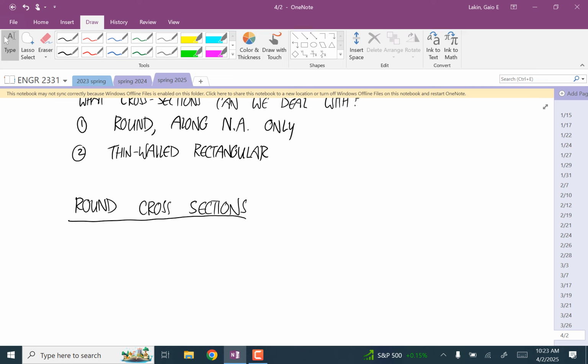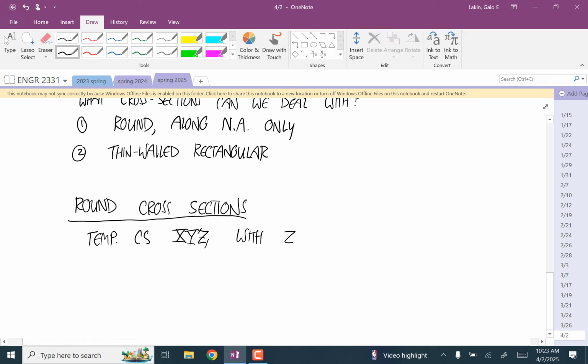And the formula is, so I said that our temporary coordinate system, I'm going to call it X, Y, Z, capital. And it's always going to have the positive Z axis pointing at the desired location.